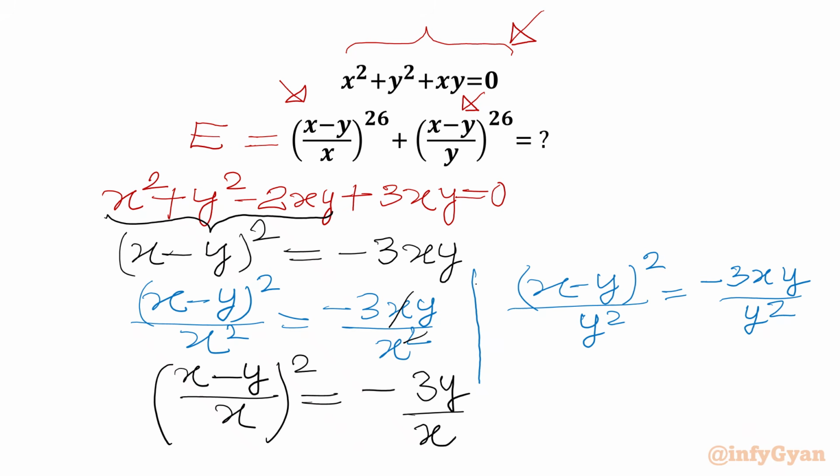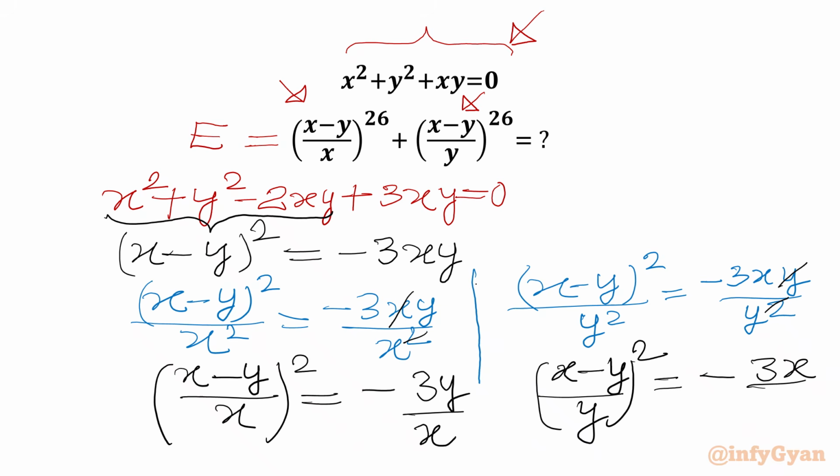And from the other equation, I will write x minus y over y whole square on the left hand side, and on the right hand side, we will cancel one y from numerator and denominator and write minus 3x over y. Now we will use these two results.